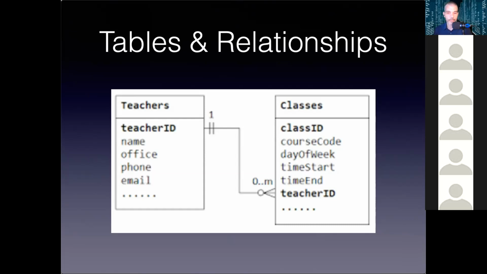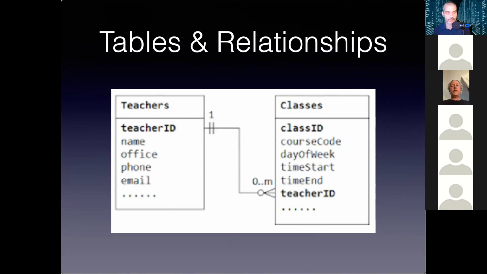What I want you to take away from this slide, though, is that tables use IDs to connect to one another. A key is another name for ID. When we have a key that identifies the row, that's called a primary key.